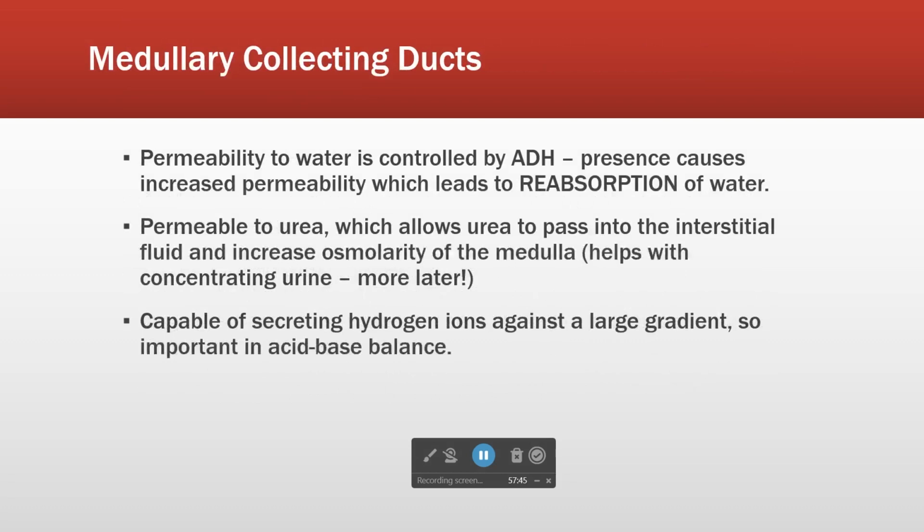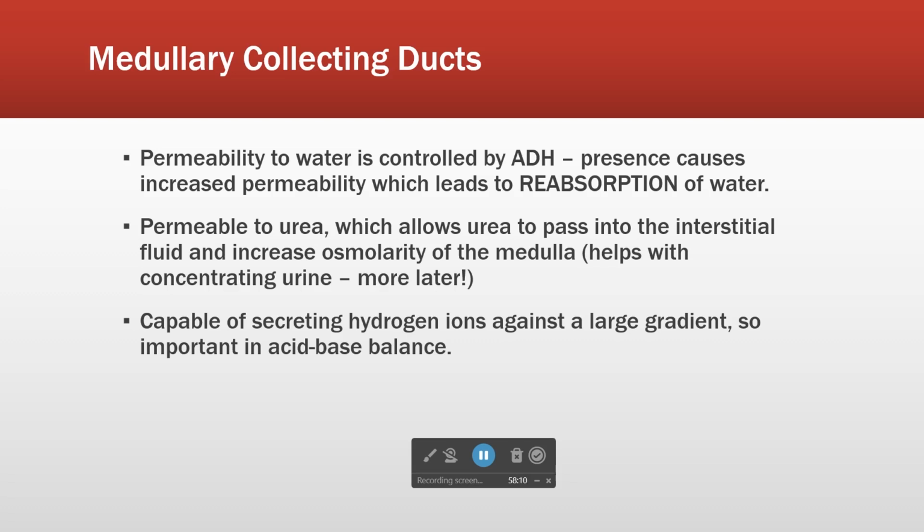Now, the importance of this is the collecting system goes through the medulla. Okay, so if that's the kidney, and this is the cortex, okay? So you have this section in the middle, this is the medulla, okay?